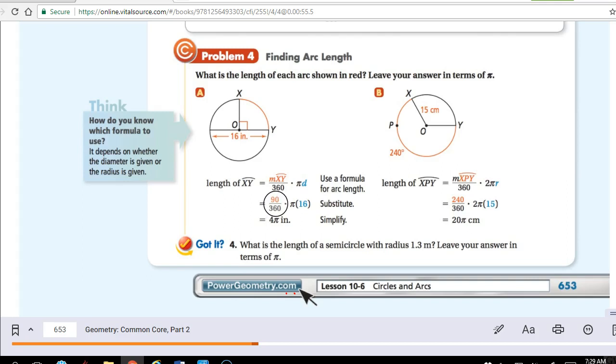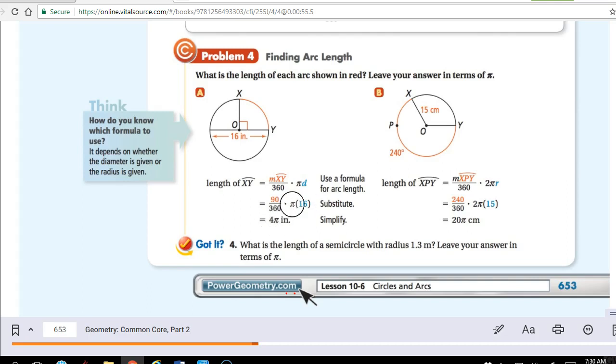That's going to give me what fraction of the circle I'm talking about, times, now, because it gave me the whole diameter here, I'm going to use the second formula up there, which said pi times diameter. So 90 out of 360 equals pi times 16, which was the diameter. And so with your calculator, only do the 90 divided by 360, which actually reduces to 1/4, and 1/4 of 16 ends up being 4.